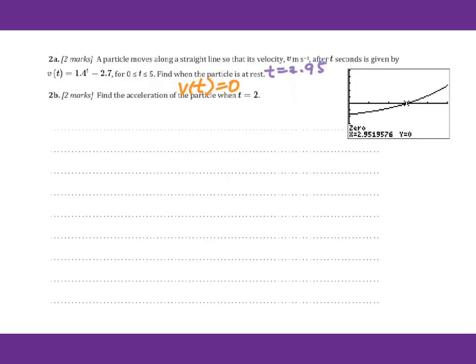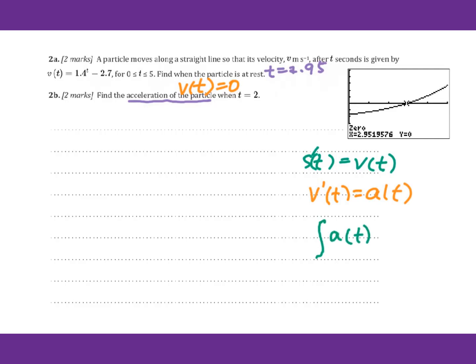Now let's go to 2b. Find the acceleration of the particle when t equals 2. For displacement, we do derivative, you will get velocity. Then velocity, you do the derivative, get acceleration. For integral acceleration, you will get velocity.